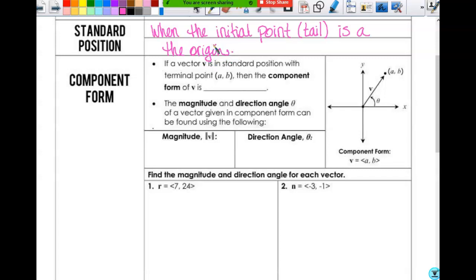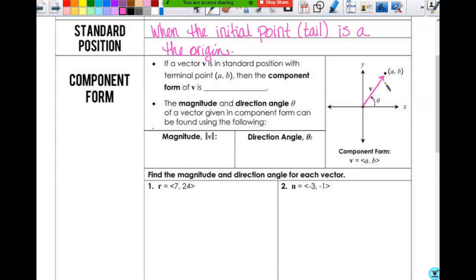Now, even though we're going to be thinking in terms of x and y, we are not talking about plotting points. But this vector here, it does have its initial point or its tail at the origin. So here is vector v, right? It is considered to be in standard position.